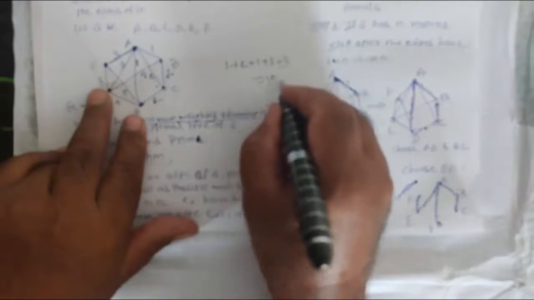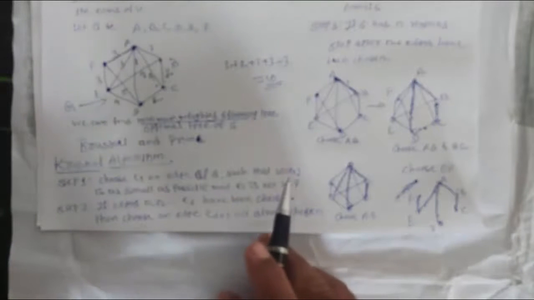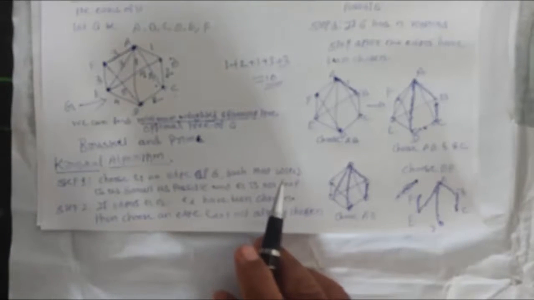Total weight is 10. The weight of the minimum spanning tree is 10.